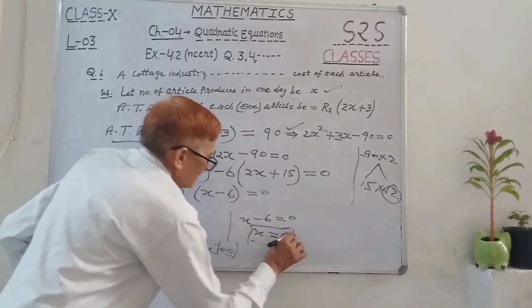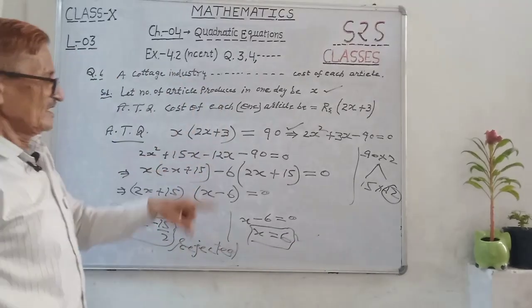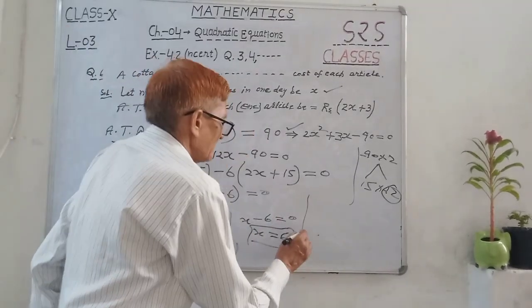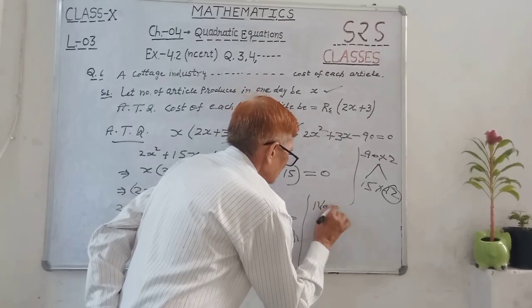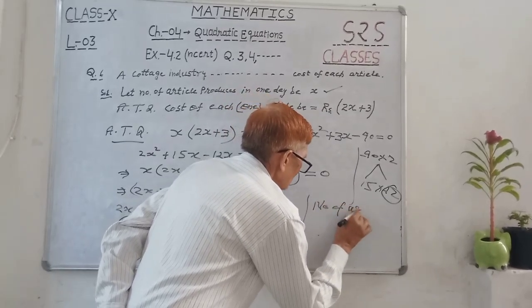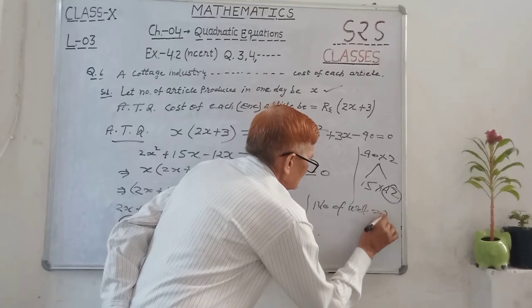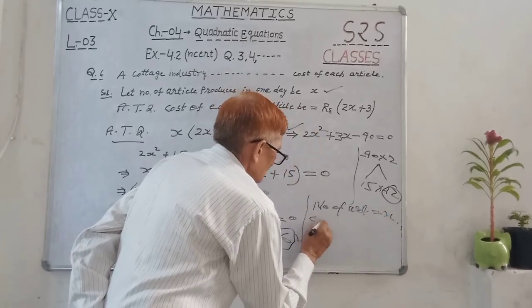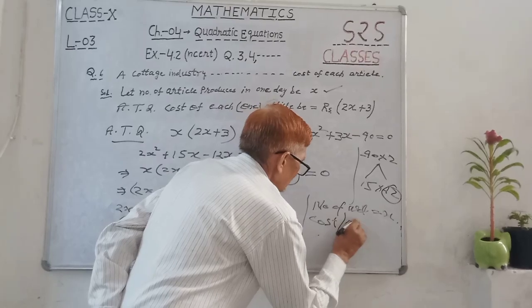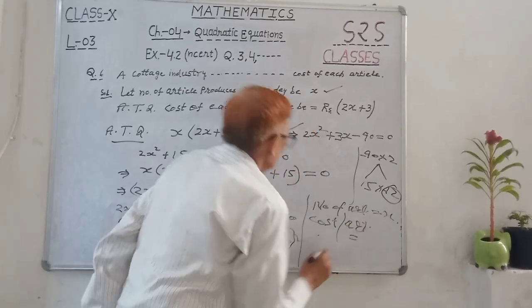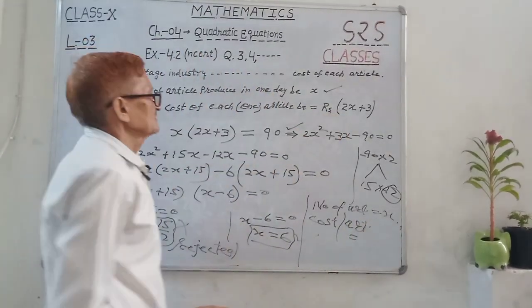So the number of articles per day is 6, and the cost per article is 2x plus 3.